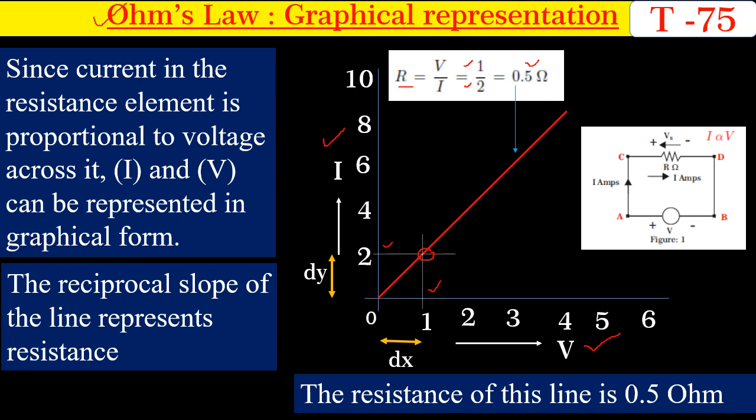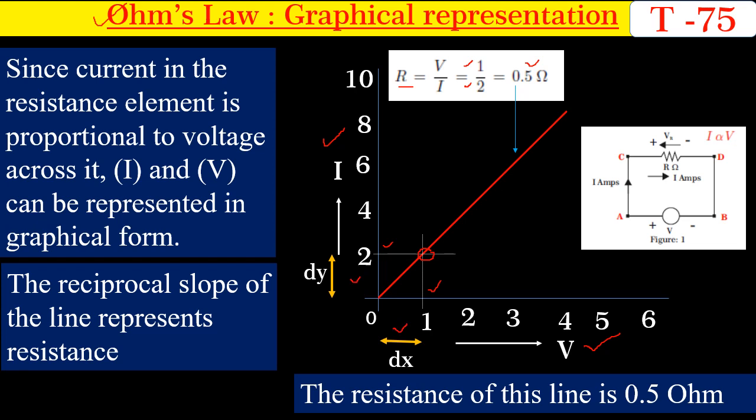Now, if you join this point and the origin and draw a line, that should represent a resistance of 0.5 ohm. Now, if I ask you what is the slope of this line, you know slope is dy by dx.